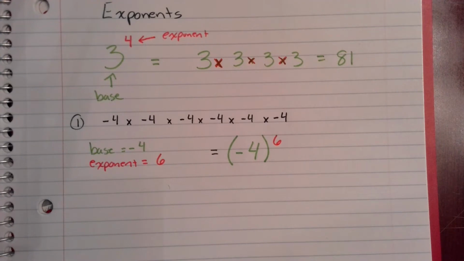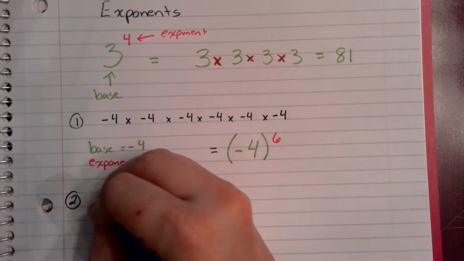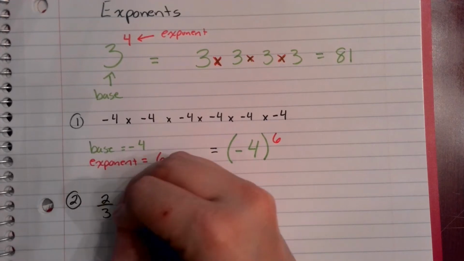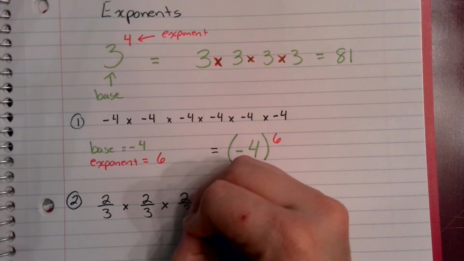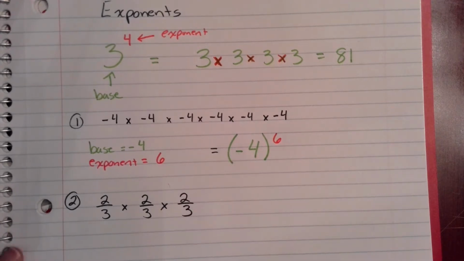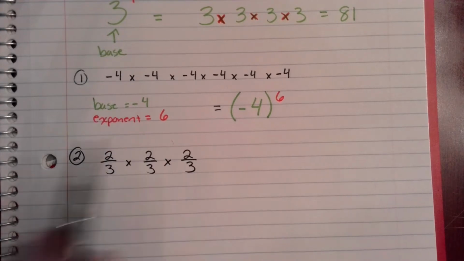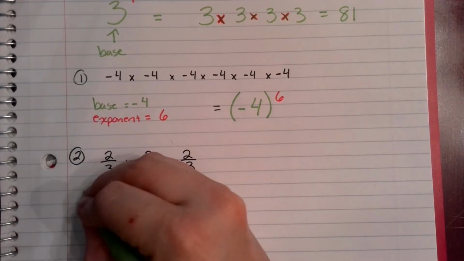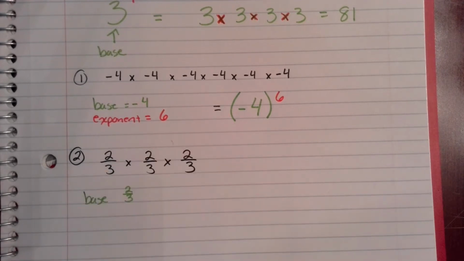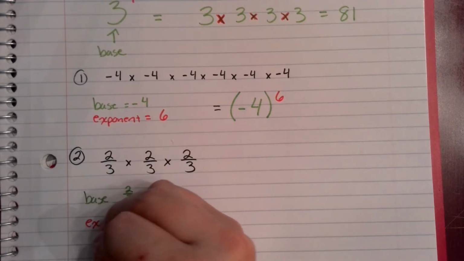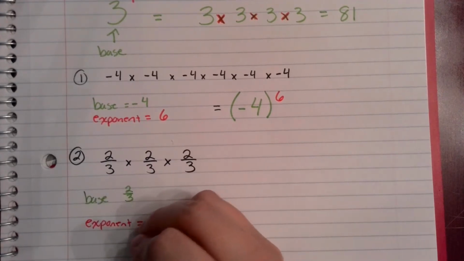All right, let's do another example. Let's say that we have 2/3 times 2/3 times 2/3. This is another one of those kind of weird examples. Again, I have 2/3 as my base. My exponent in this case is the number of times it repeated, which is 3.